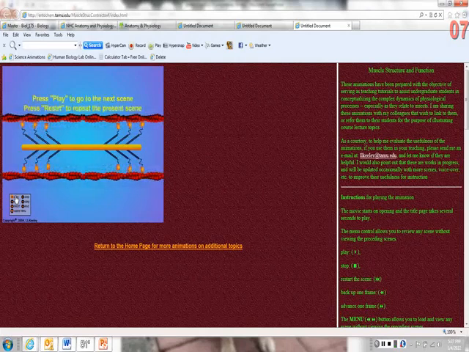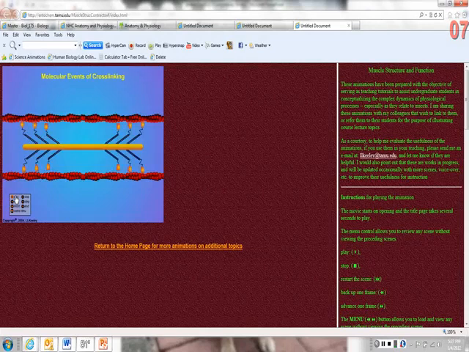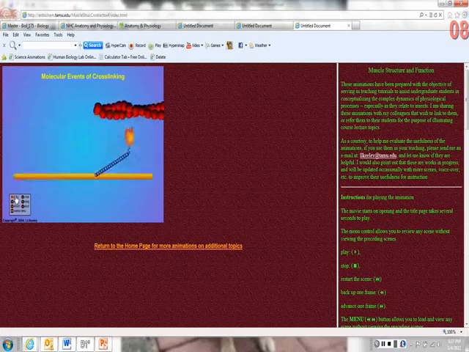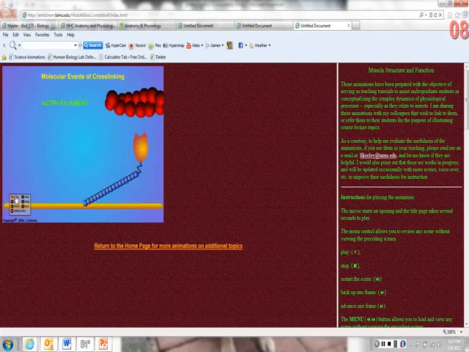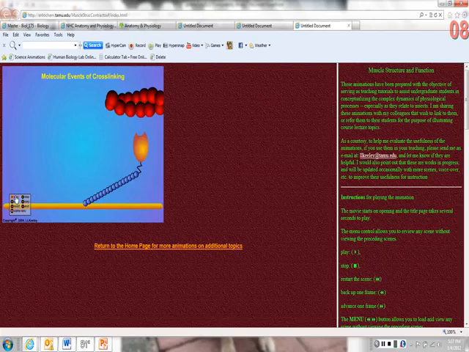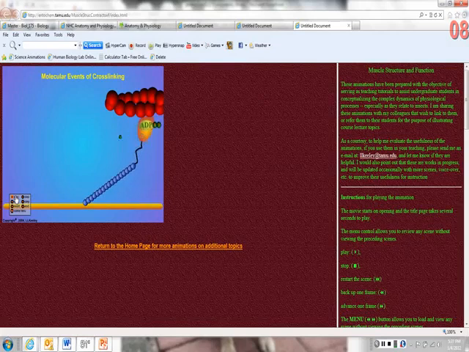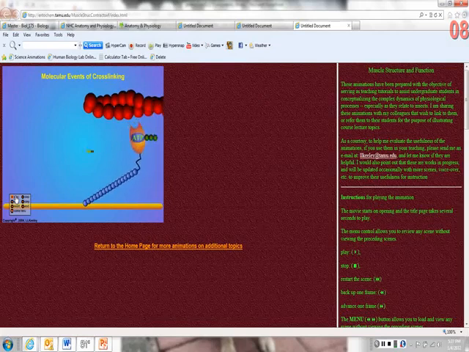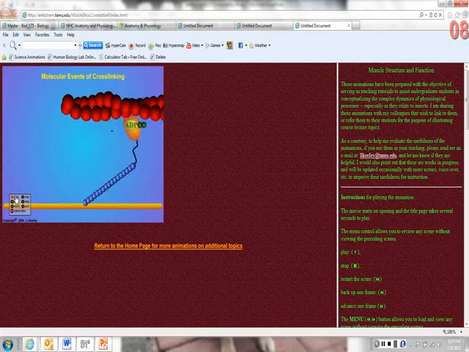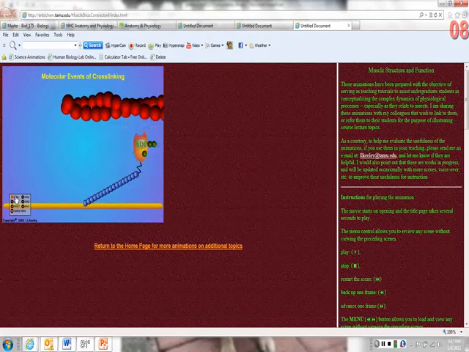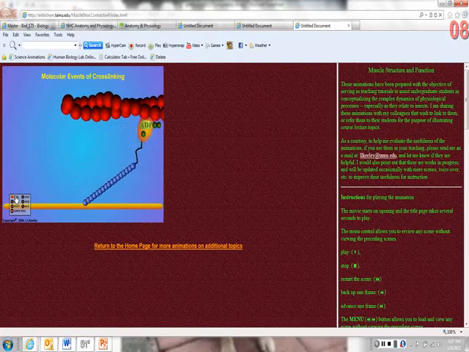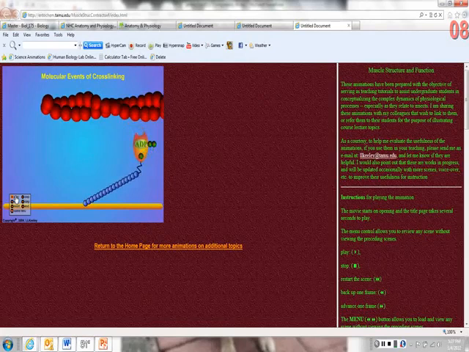And in this scene it enlarges it a little bit more. And this is showing the ATP involved in the contraction. We will discuss this portion a little bit more later on in the lecture.